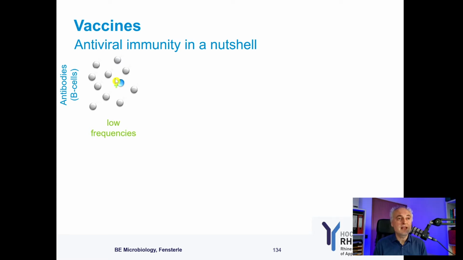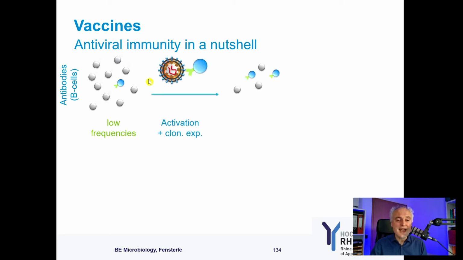If you have an infection and this cell is the only one and produces a couple of antibodies, this will not be enough. So as this has a low frequency, the first thing you need to do is activate this specific B cell and tell it to proliferate. You need to be more before we can start doing things. Then we have high frequencies of the cell, and this process is called clonal expansion.